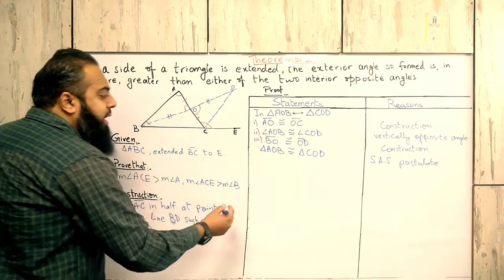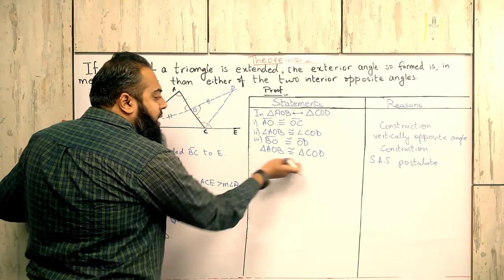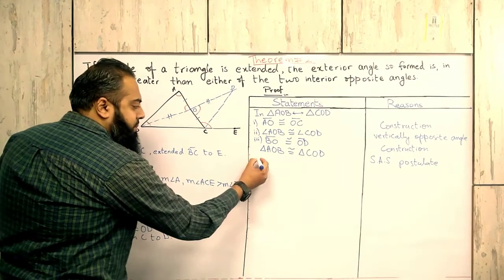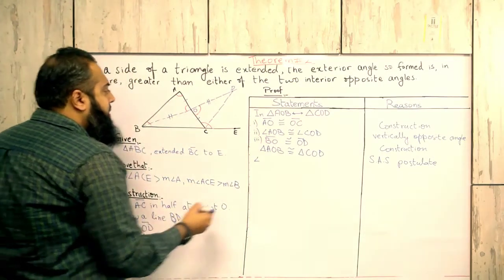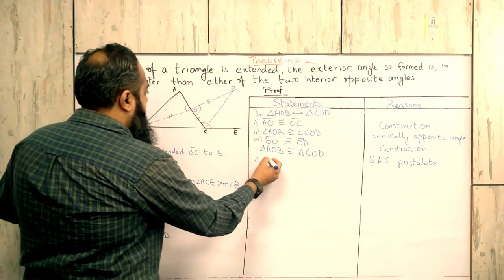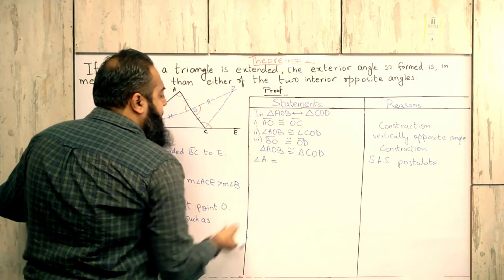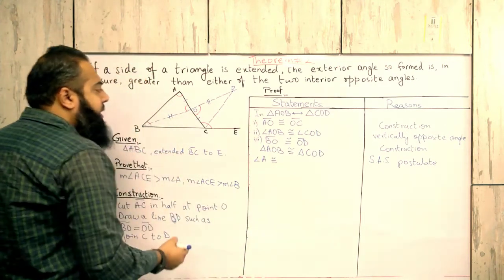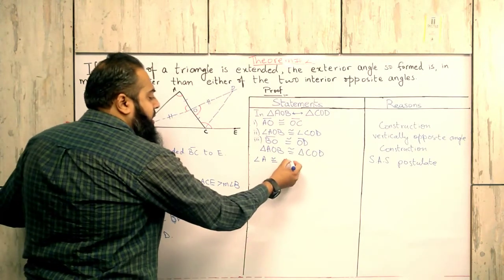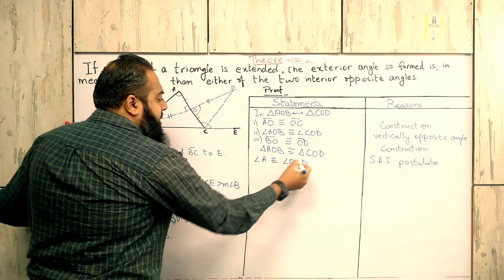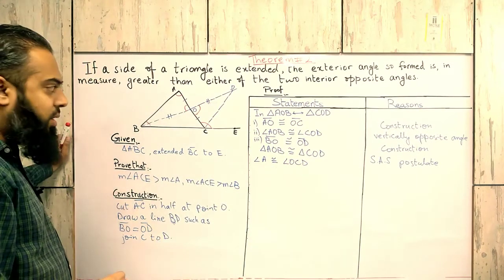Now, if these 2 triangles are congruent to each other, therefore angle A will be congruent to angle OCD, okay?